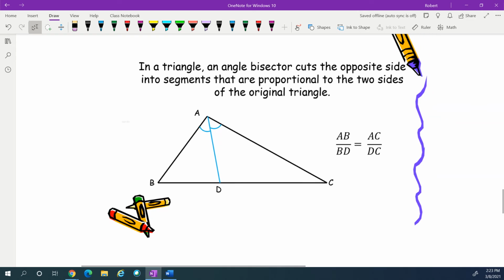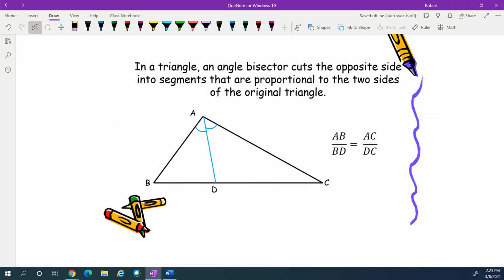The other thing here is that in a triangle, an angle bisector cuts the triangle proportionally. So if this is our angle bisector, on the left side of the triangle, the two segments are proportional to the two segments on the right side of the triangle.